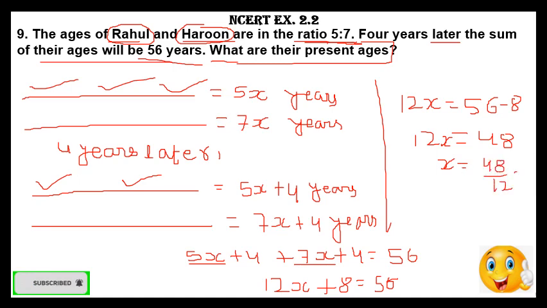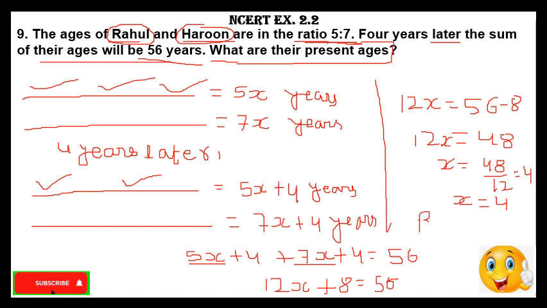That is, 4 times 12 becomes 48. The value of x we have got here is 4. So we can now find the age of Rahul and the age of Harun. So the present age of Rahul will be 5 times x, means 5 4s are 20.